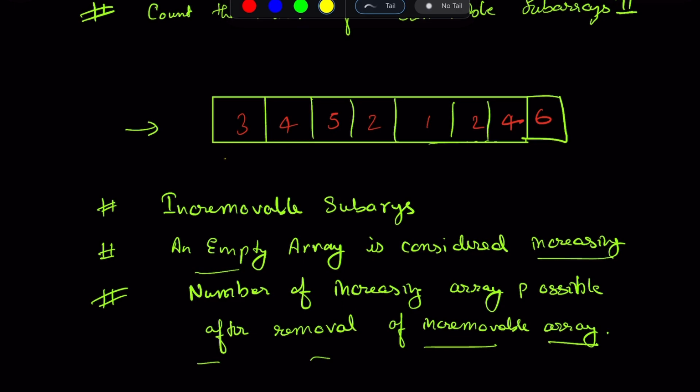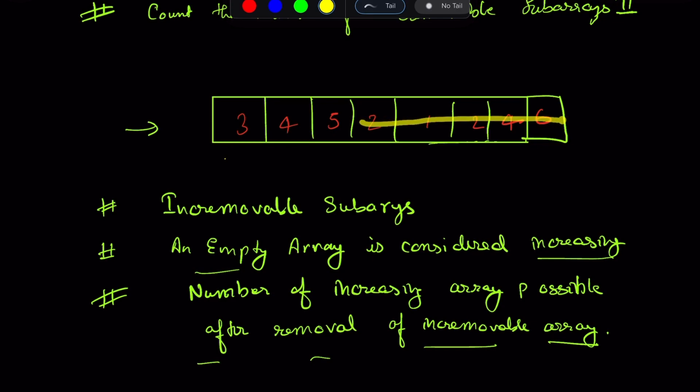In other words, we need to find the rightmost index till which it is sorted. If we have found that index, how can we know what will be the number of incremovable subarrays? We have to find the increasing array possible after removal of this subarray.